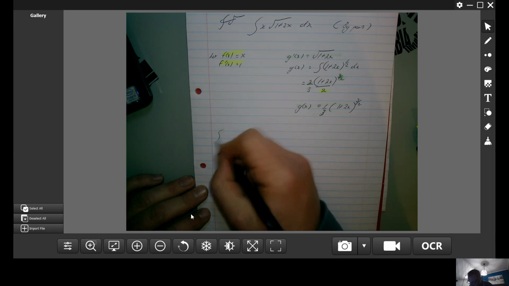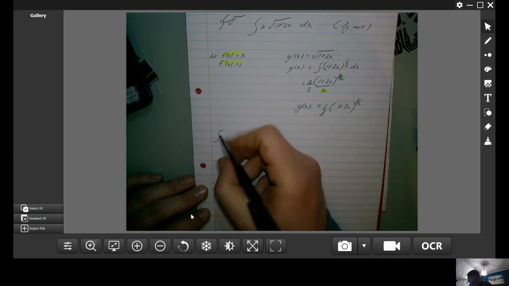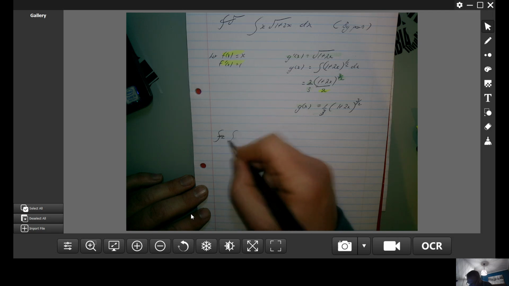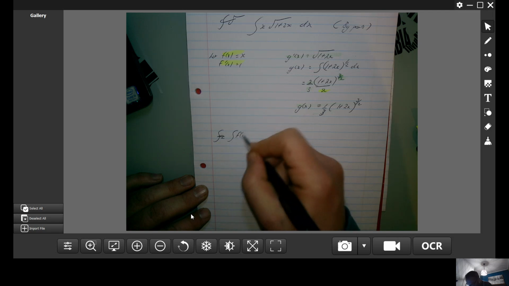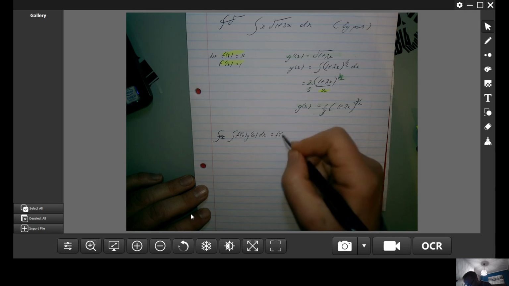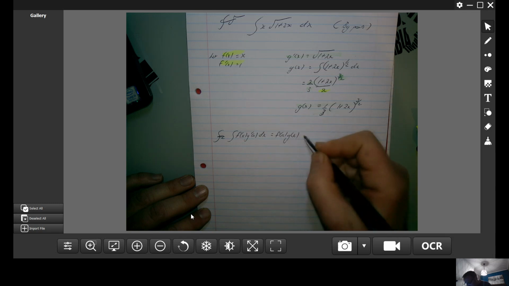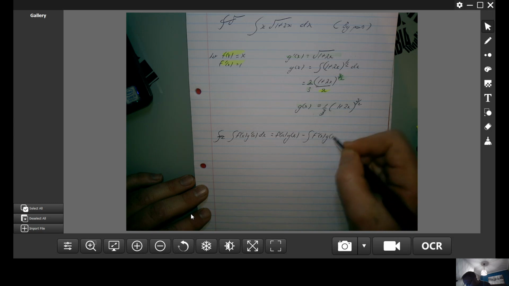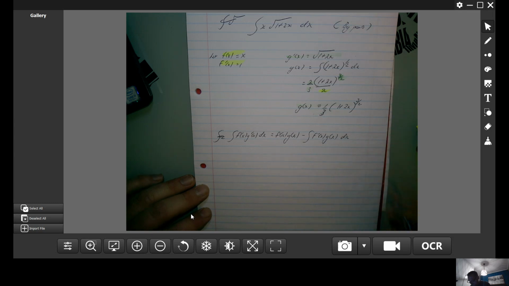So now if I go the integral of x, let's write the formula. The integral of f of x, g dashed of x with respect to x is equal to f of x, g of x, minus the integral of f dashed of x, g of x with respect to x.